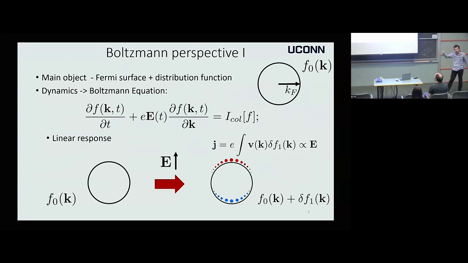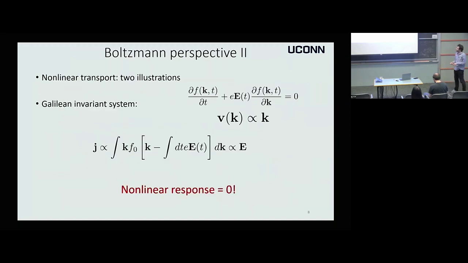Now, if we go to higher orders and try to understand nonlinear contributions to current from the electric field, it turns out that the story becomes a little bit more tricky. And here are two examples where things apparently go wrong. First, if you consider a Galilean invariant system, there is no scattering, and the velocity is proportional to momentum, then you can actually solve this equation exactly, no matter what the field is.